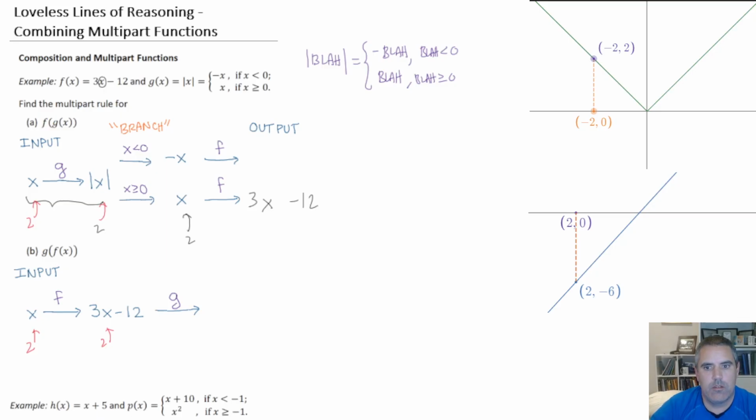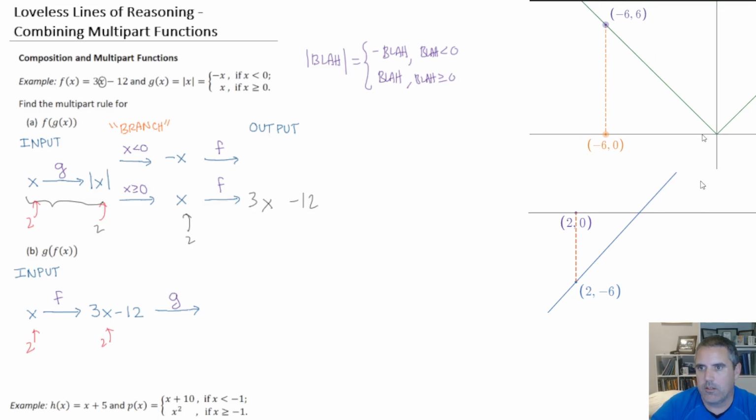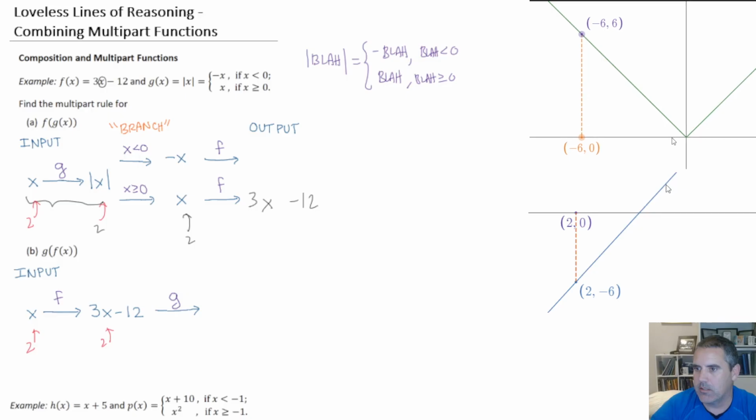Just a moment. So now I'd like to plug in negative 6. So we go over to negative 6, which is way over here, and we get 6. That's a big difference. So the order does matter here. In fact, because this gives me negative 6, I actually have to flip it.